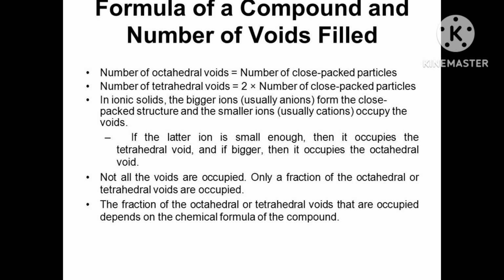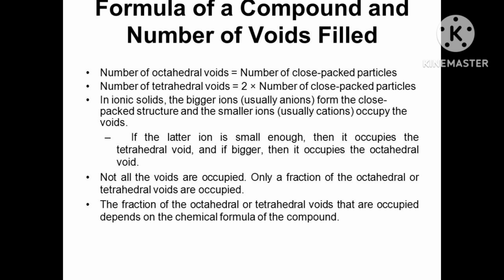Since all the octahedral voids are occupied by the atoms of X, their number would also be equal to that of the element Y. Both are the same. Thus, the atoms of elements X and Y are present in equal number, a 1:1 ratio.